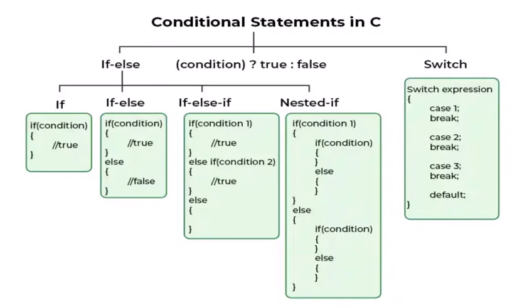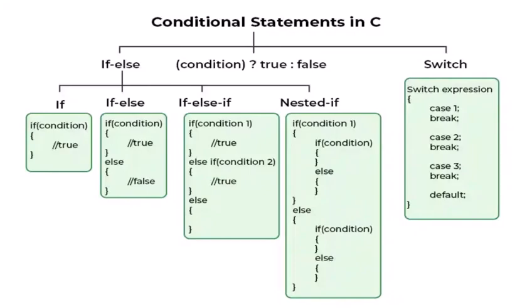If statement definition: executes a block of code only if the specified condition evaluates to true. If-else statement: executes one block of code if the condition is true, otherwise executes another block if the condition is false.